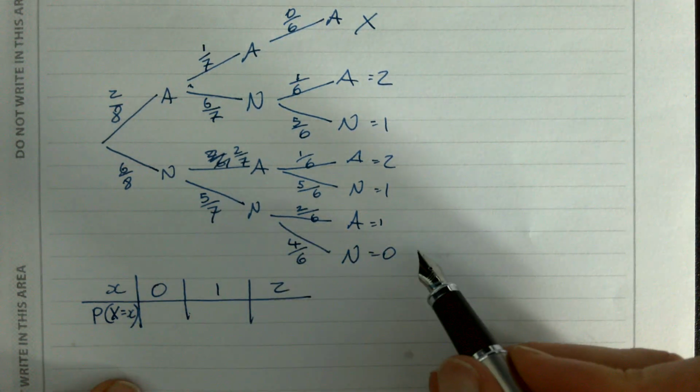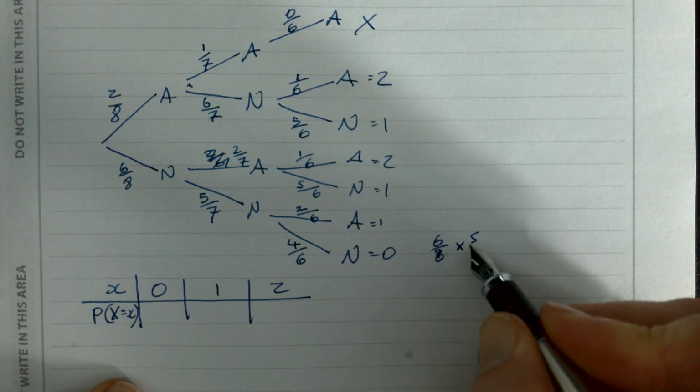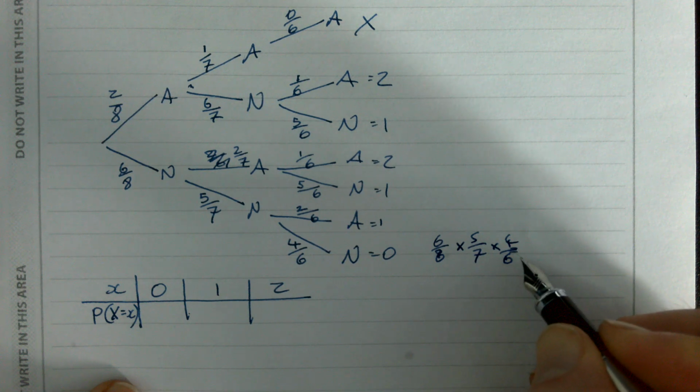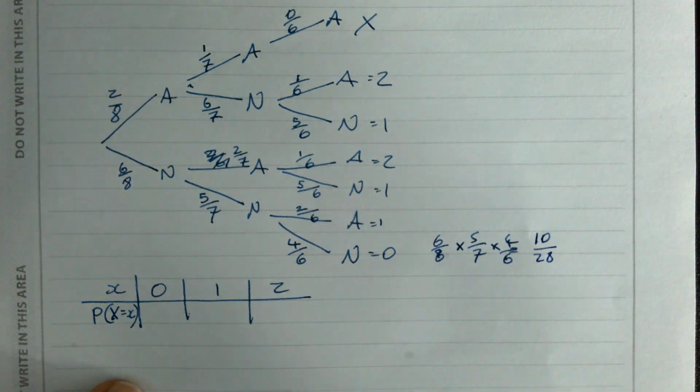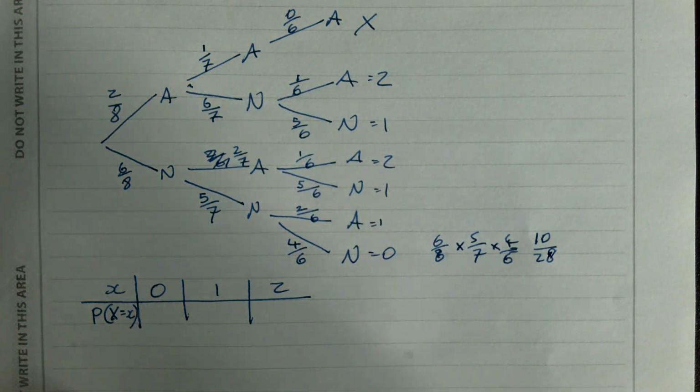So for 0, we've just got one thing to do, 6 out of 8 times 5 out of 7 times 4 out of 6. And if you put that into your calculator, you get 10 out of 28. Well, actually, they'll tell you 5 out of 14, but I like to keep it out of 28 because the others are going to be out of 28.